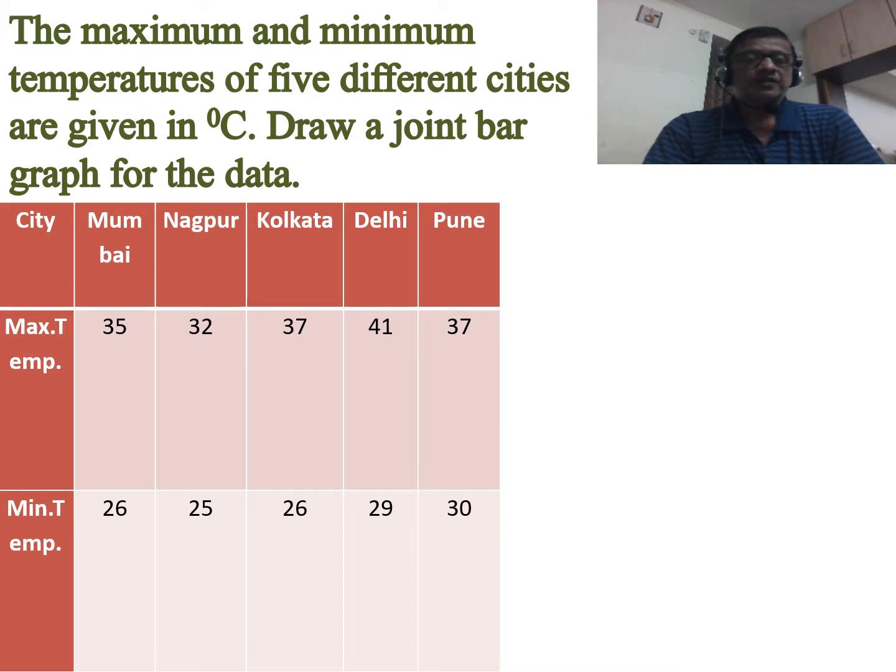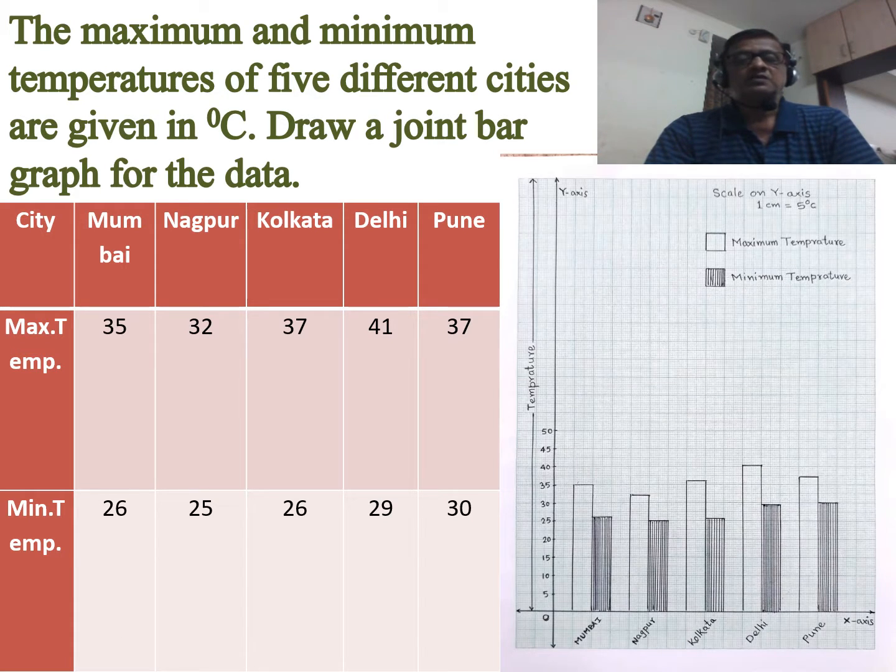Maximum and minimum temperatures are given. You have to select the appropriate scale, and when you draw this bar graph on graph paper, the same procedure you follow to draw a simple graph on graph paper, but here see how this graph appears.